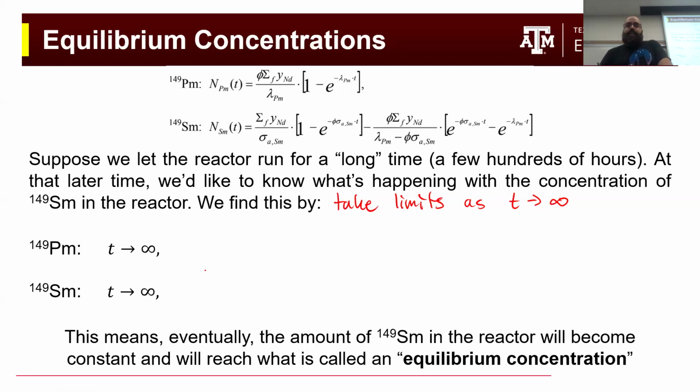So at time infinity, the amount of promethium is going to be equal to, if this is 0, then the equilibrium concentration is just this multiplier that I have up front. So it would look like flux times my fission cross section times my yield for neodymium divided by the decay constant for promethium.